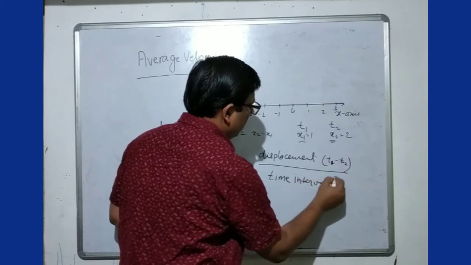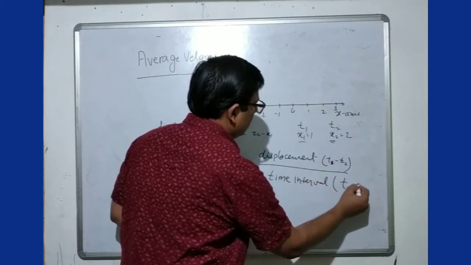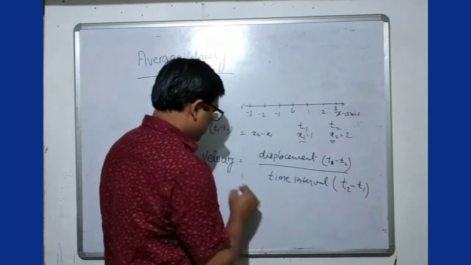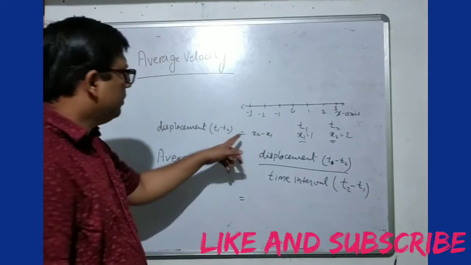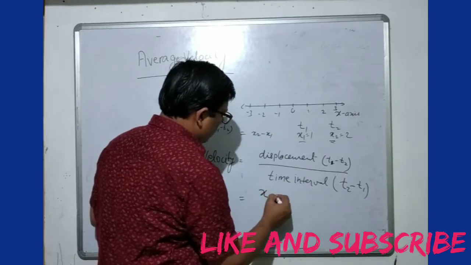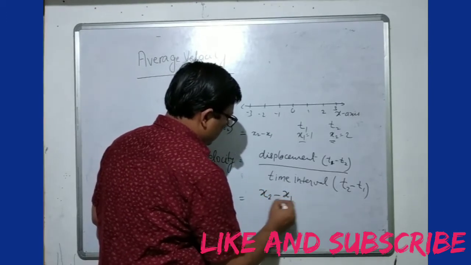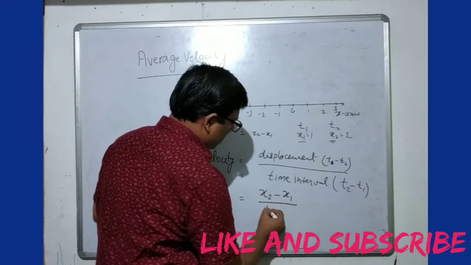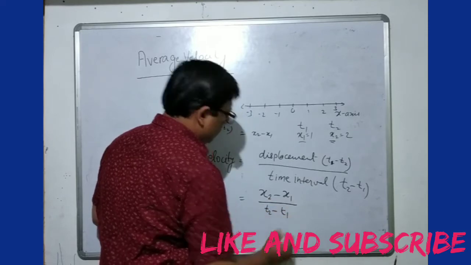What will be the time interval? That will be t2 minus t1. So this can be written as x2 minus x1 upon t2 minus t1.